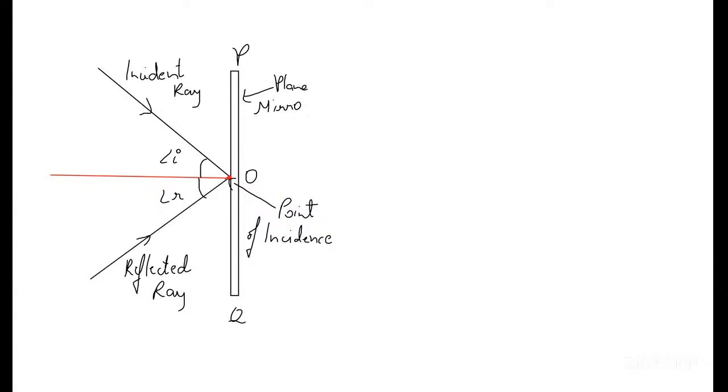What this law is saying is that the incident ray, reflected ray, the plane of reflection, the plane of incidence and the point of incidence are all lying on the same surface, or the same side of the mirror. Okay, so let's write it down.